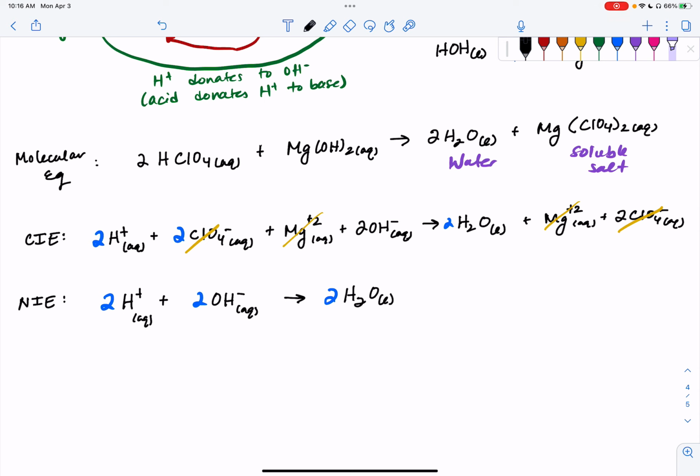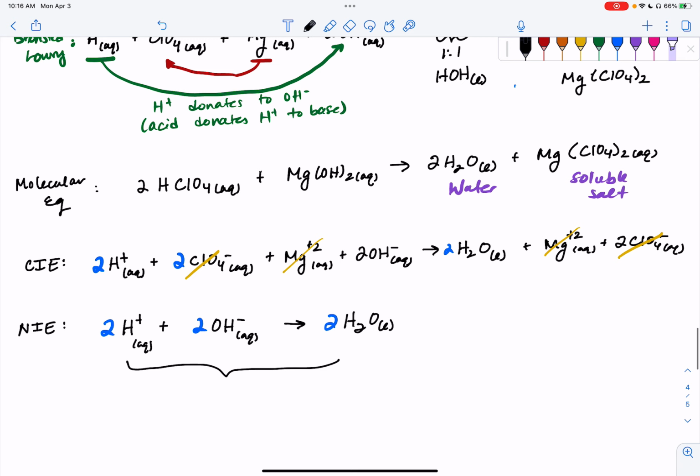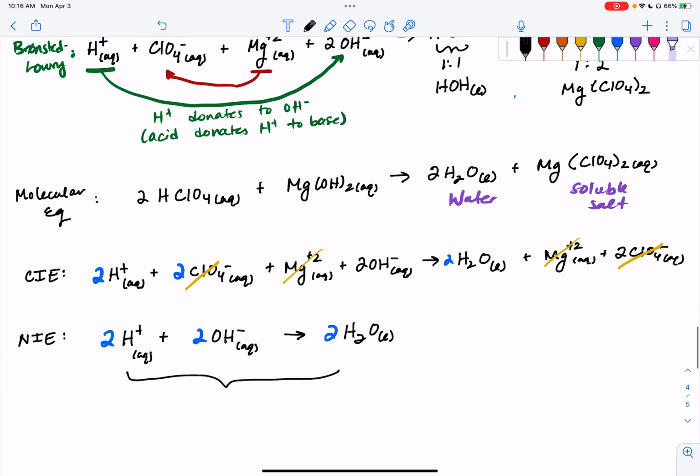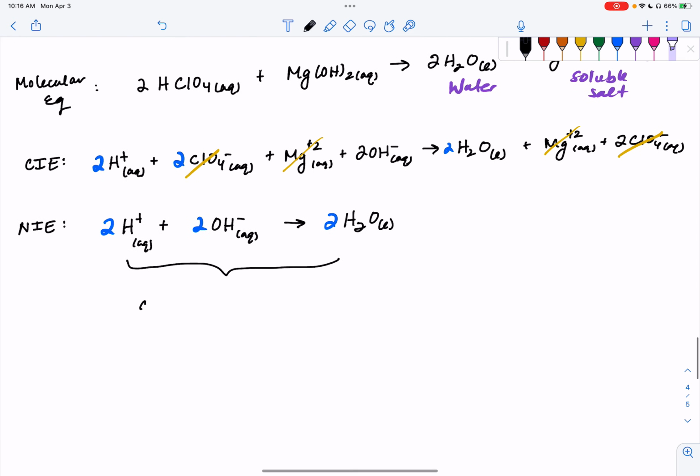So this is the net ionic equation, and notice everything can be reduced. I mean, I need to keep these twos because that's what allowed me to create charge balance up here, but if I were to simplify it, all are in a 1-to-1 ratio.